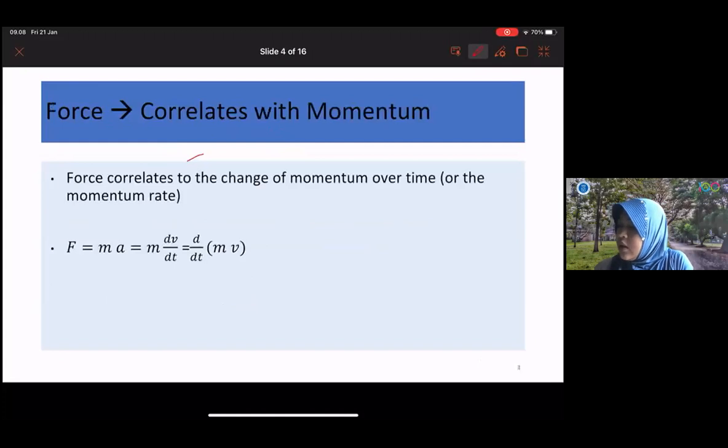Let's have a look at this one. One very good concept that we know is that force is related to the change of momentum.